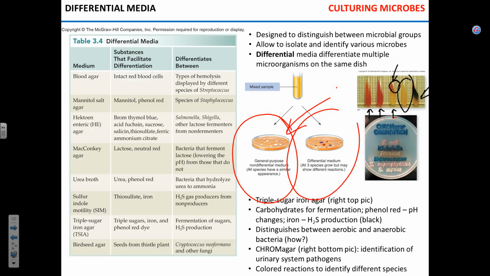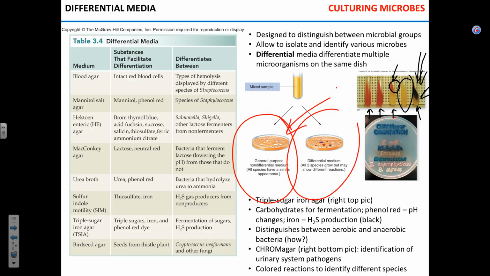Sulfide ion binds to iron, forms iron sulfide, gives the black hue. And you can see that this black hue is localized to the top. So now this is an aerobic microbe. It grows only at a superficial level. Does that make sense? Or its biochemistry may change, so it does not reduce sulfur at the bottom, but does reduce it on top because of the oxygen availability.